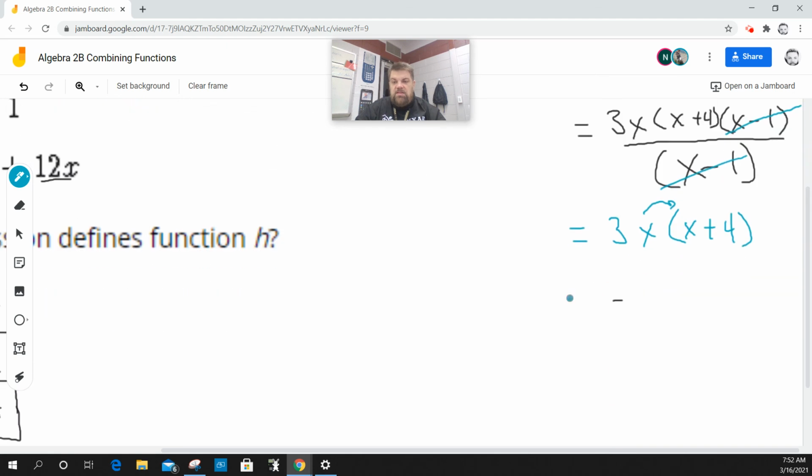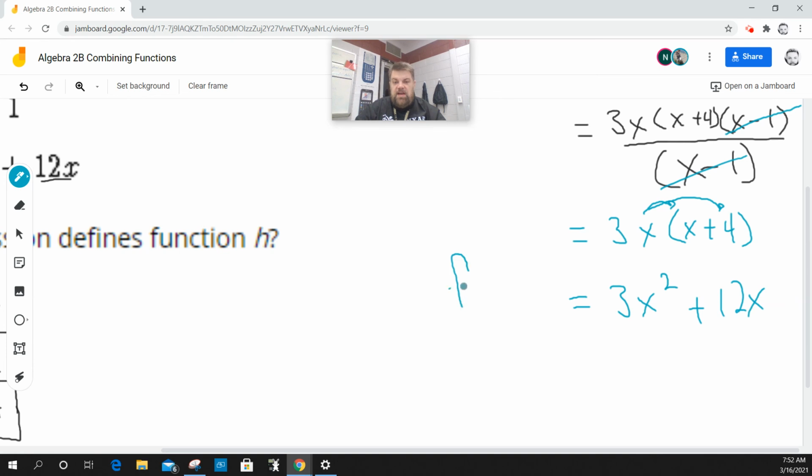So 3x times x is just going to be 3x squared. And then 3x times a positive 4 is a positive 12x.